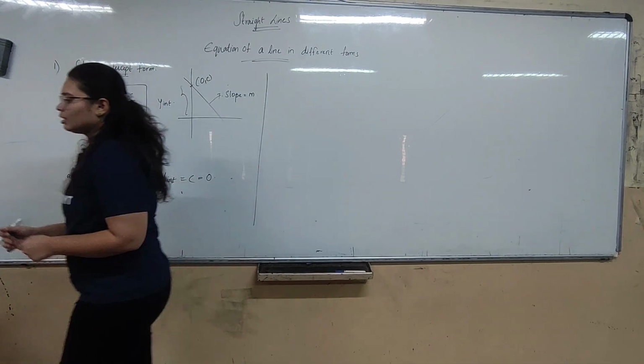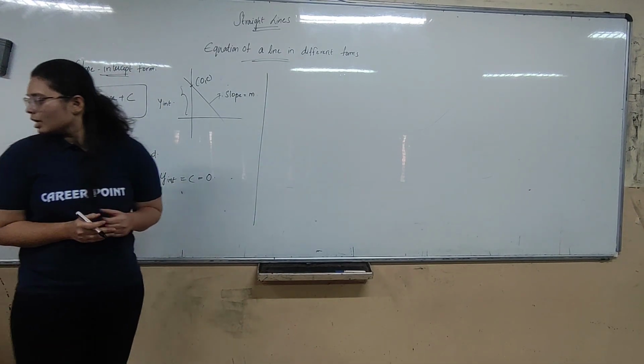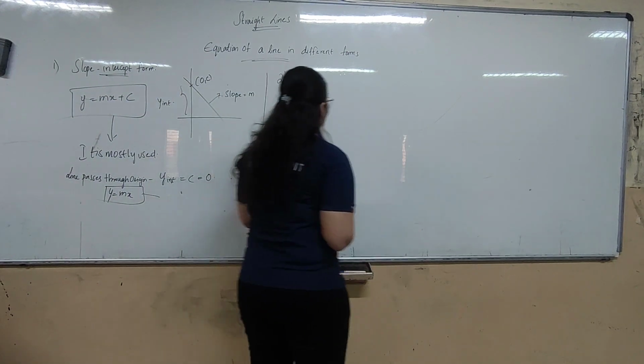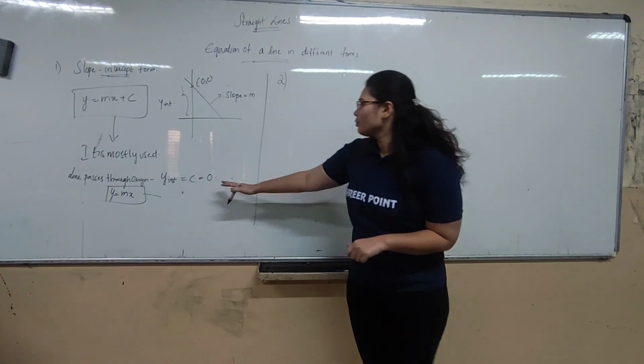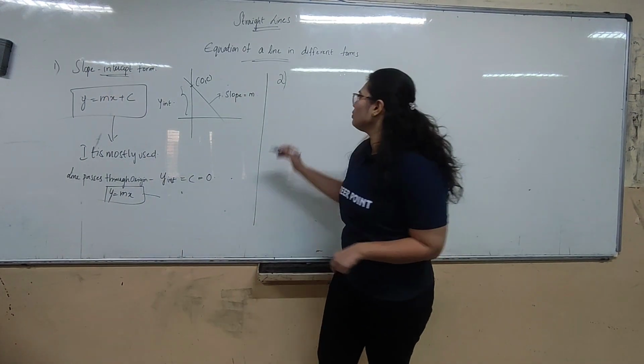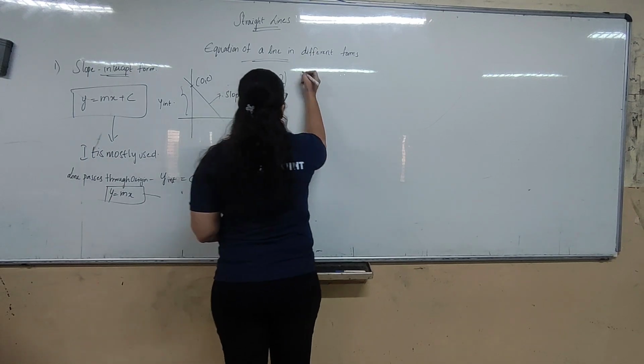Now let's see another form. Here we had an equation in terms of one intercept, right? Now let's see the two intercept form.